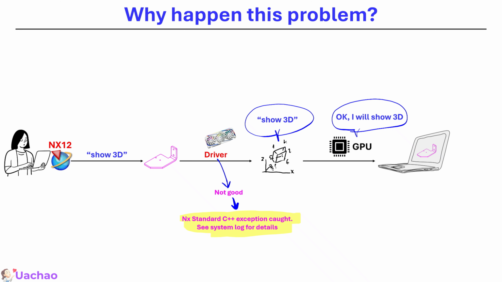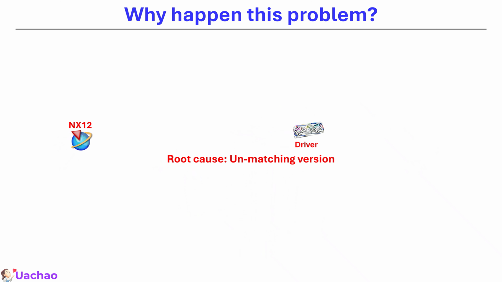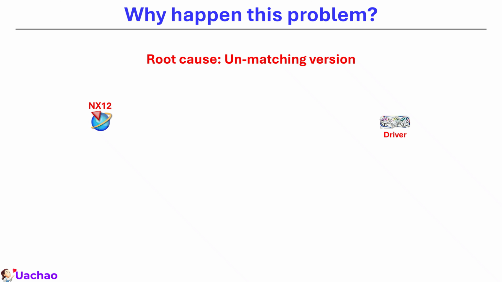In short, the root cause is unmatching version. And let me give you a more concrete example. NX was released in 2021, but my drivers may be from 2023, 24, or even the latest 2025 version, because the software and the driver are from different generations that cannot communicate properly.